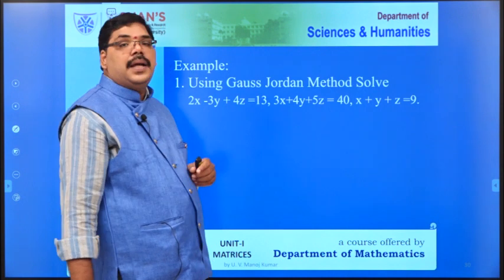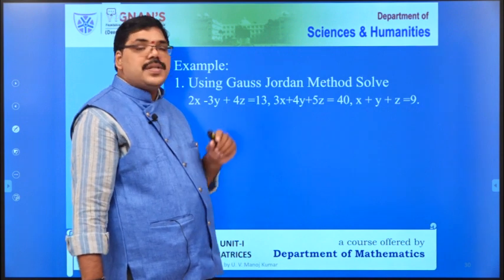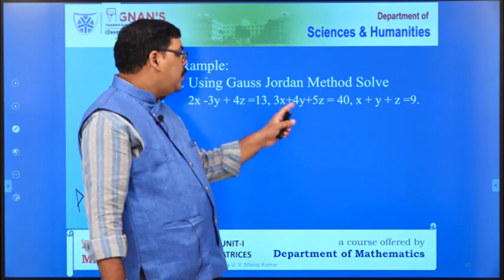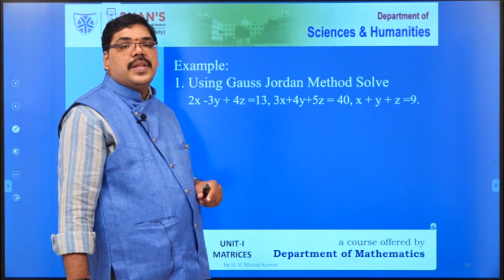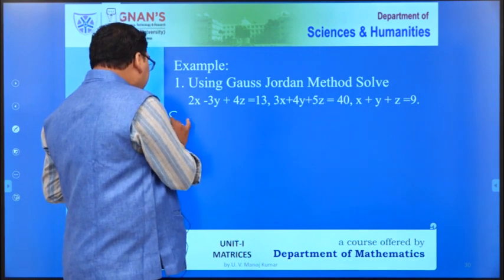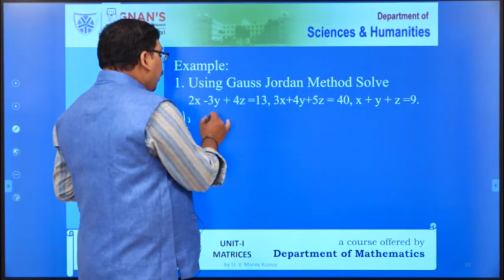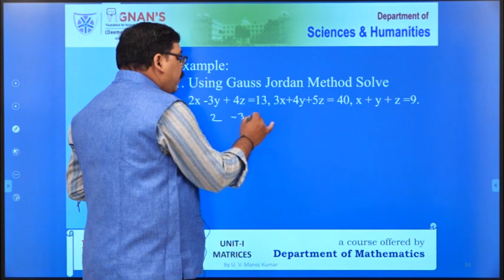So let us see a problem on Gauss-Jordan method. Here a system of equations is given, equations 1, 2, 3. Write them in matrix form. The coefficient matrix: first equation coefficients 2, -3, 4.